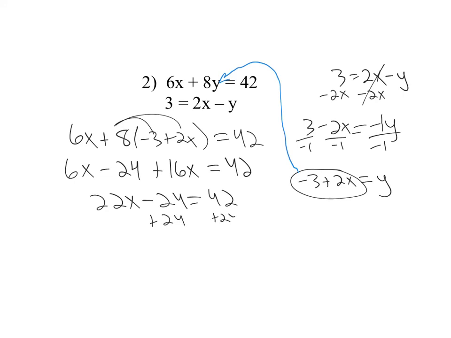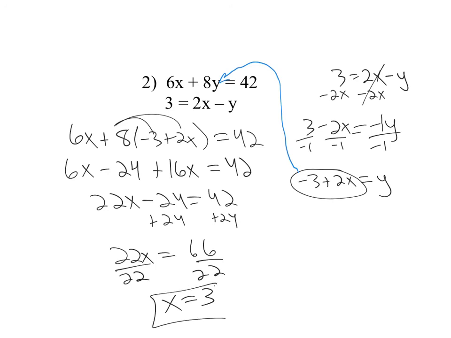Adding the 24 to both sides, we get 22x is equal to 66. And dividing by 22 gets us our x value of 3. So once we've found our x value, in this case our x value of 3, we're going to take the value of x and then go ahead and substitute it in again for x to get our y value.